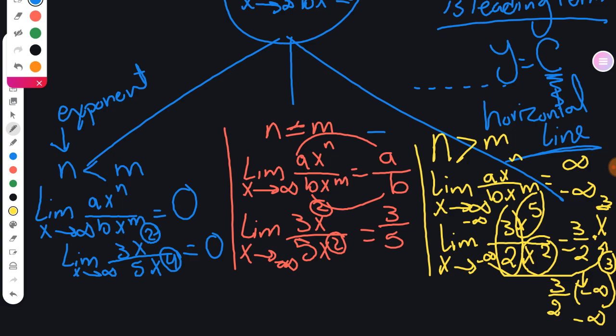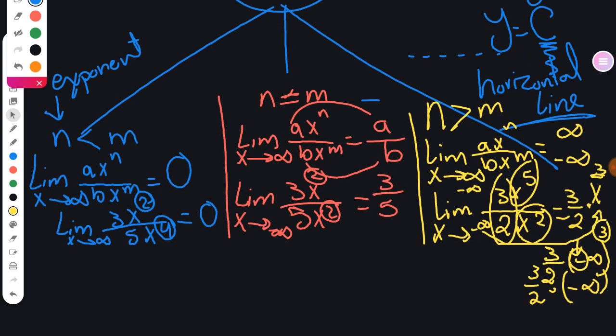The infinity, when we raise it to any power, gives you infinity also. But if the power is odd and the base is negative, as you know, it will be negative infinity multiplied by 3 over 2. But here, negative multiplied by positive, it will be what? You have to remember the rule of negative numbers.